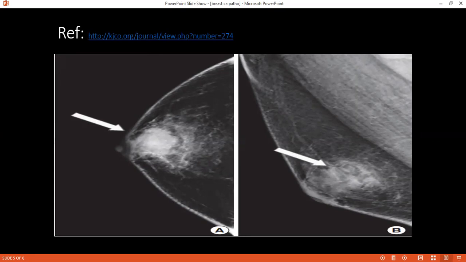This is a radio-dense lesion, centrally placed and showing a sun-ray kind of appearance. So it looks like a microcalcification. Yes, subareolar. Yes. And possibly Paget's disease. Could be. Showing Paget's disease.